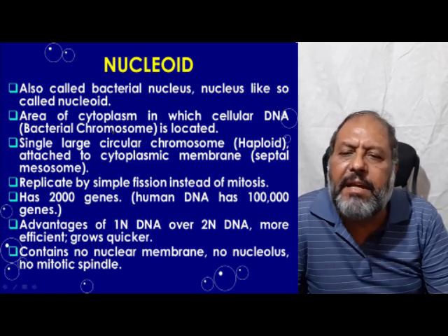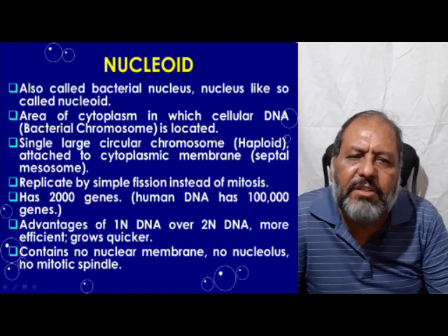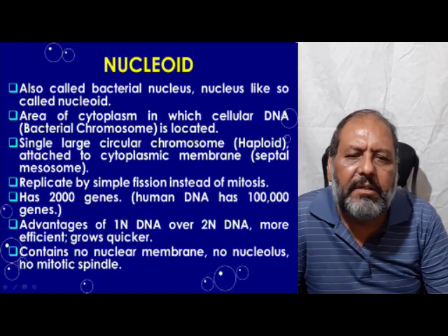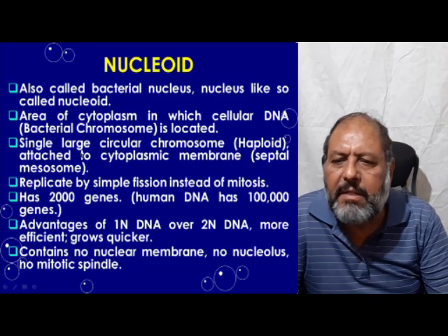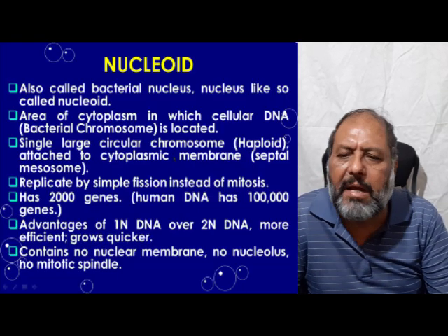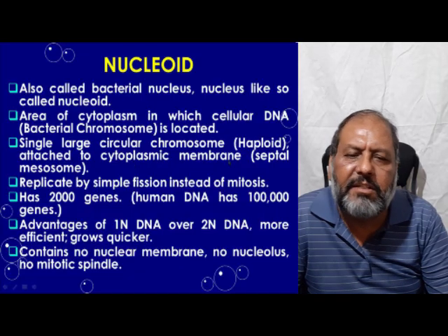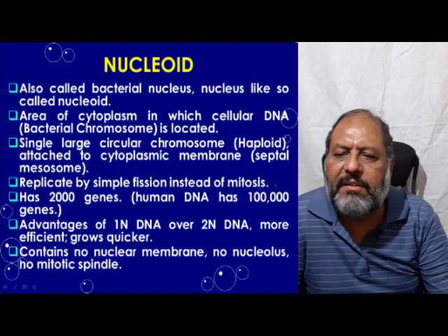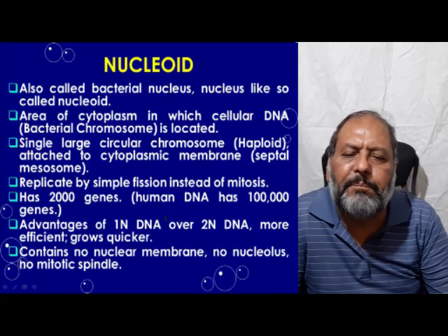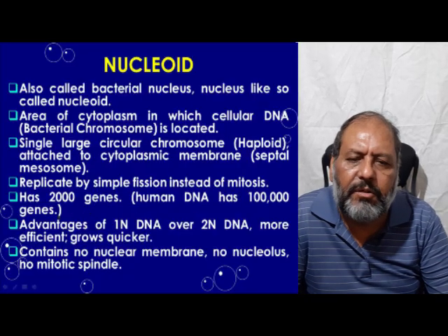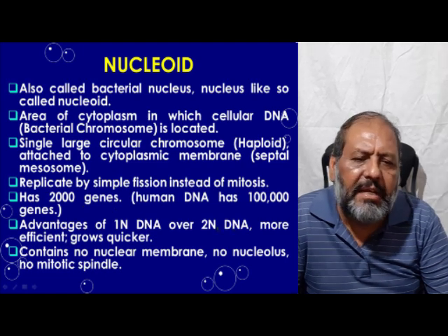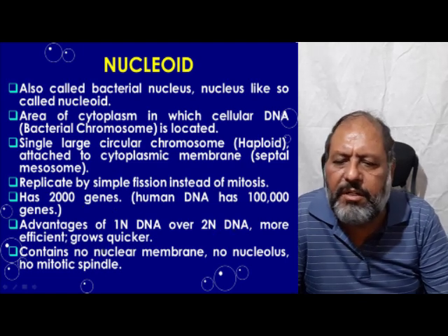This is the area of the cytoplasm in which cellular DNA, the bacterial chromosome, is located in the form of the nucleoid. It is a single large circular chromosome, haploid in nature, attached to the cytoplasmic membrane, that is the septal mesosome. It replicates by simple fission instead of mitosis. It has got 2000 genes. Human DNA has 100,000 genes.